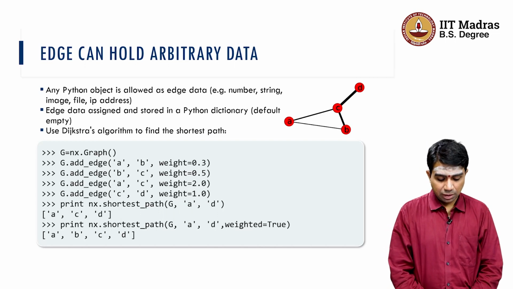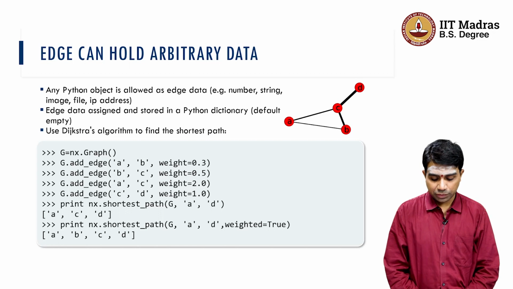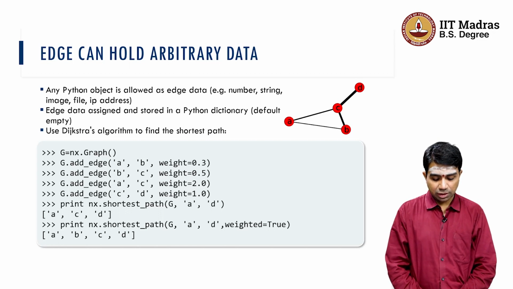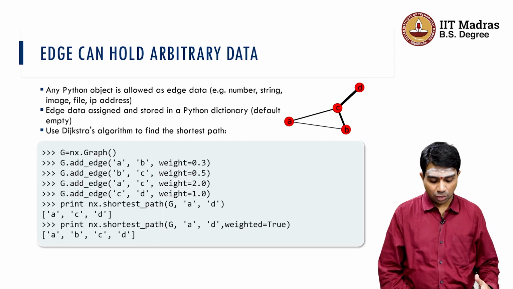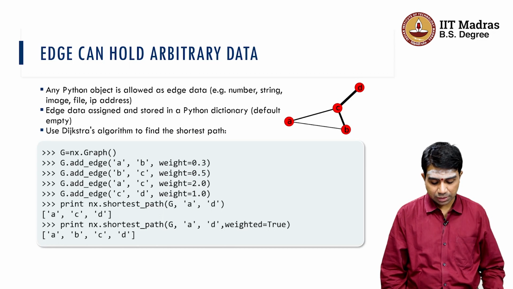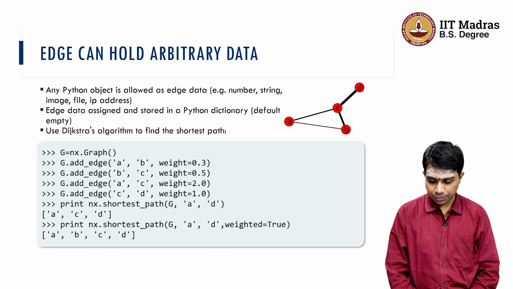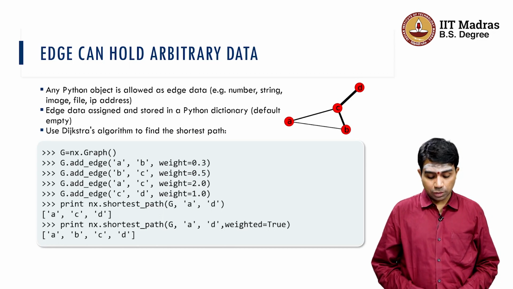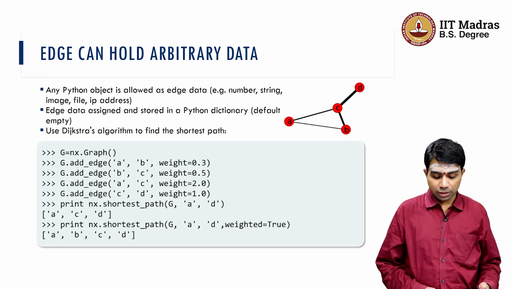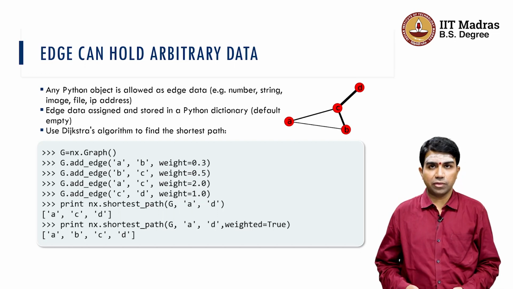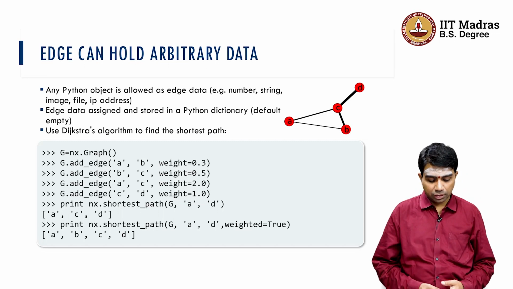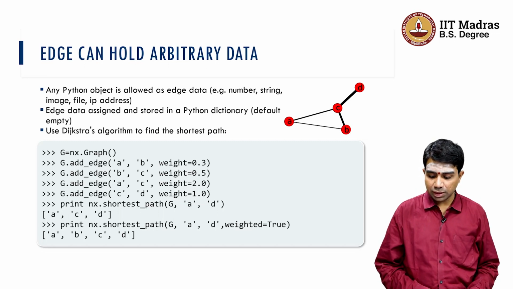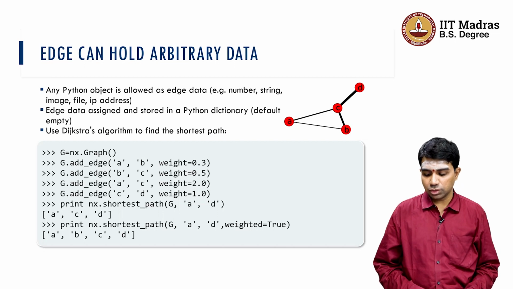For example, here we have added weights of say 0.3, 0.5, 2 and 1, and now when you find the shortest path from A, it can actually give you all the shortest paths and their distances. There are various ways in which you can look at the shortest paths. You can do either a weighted shortest path or an unweighted shortest path. If you look at this graph, the unweighted shortest path from A to D is through C, right.